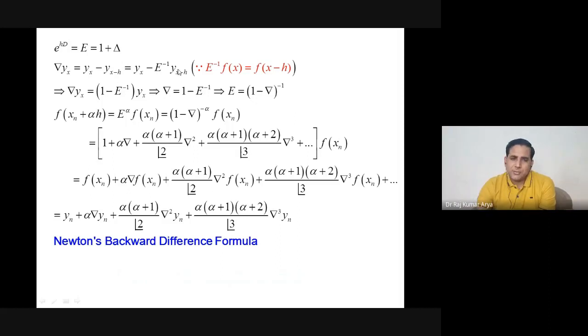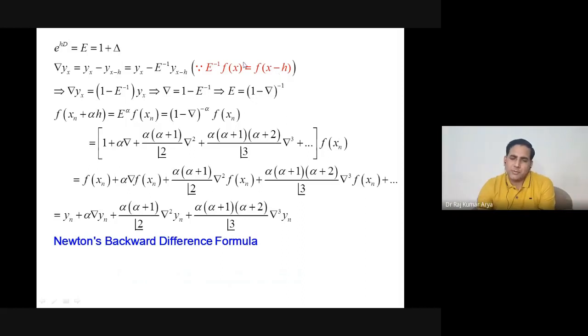And then you are substituting E to the power minus 1 y(x) equal to y(x minus h), because E to the power minus 1 means you are going one step backside. If you are using E to the power 1, you are going to the forward side with the shift operator, and minus 1 means you are going with the backward shift operator.